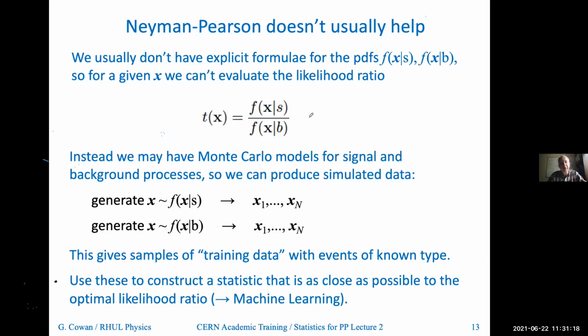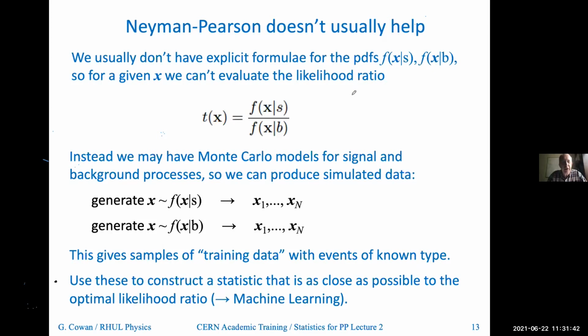So if you give me a particular event at a point X in X space, I can't actually evaluate this statistic. So I can't tell you whether that point is in the critical region or not. And you might be saying, how can you not have these PDFs? After all, you know what you mean by a background event, you know what you mean by a signal event.